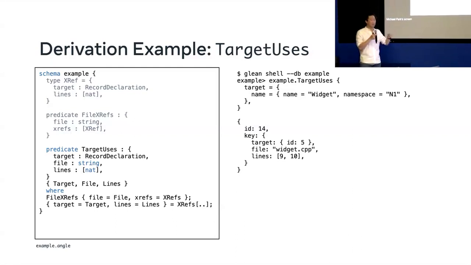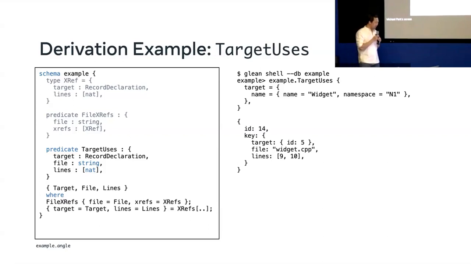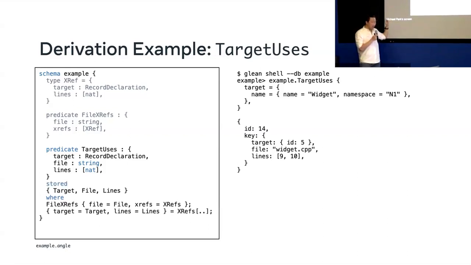Now, as I said, this is going to actually iterate over every file xref and xrefs to compute this every time, because the derivation by default is done on demand. So this is the derivation rule that we've described, but the execution of it is going to be executed every time, right? To get around that, what we can add is a stored keyword in that position.